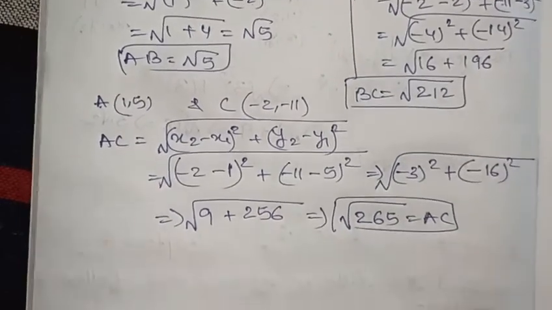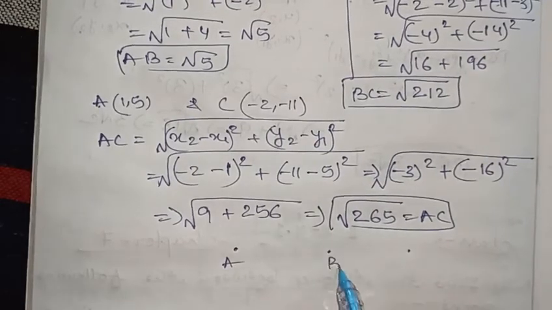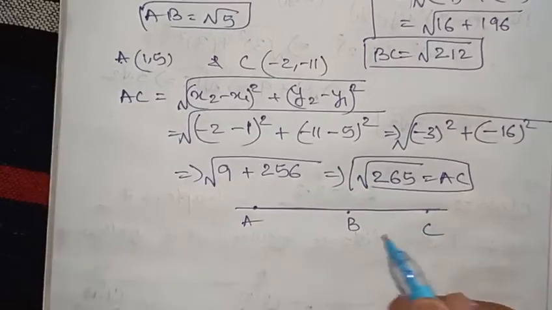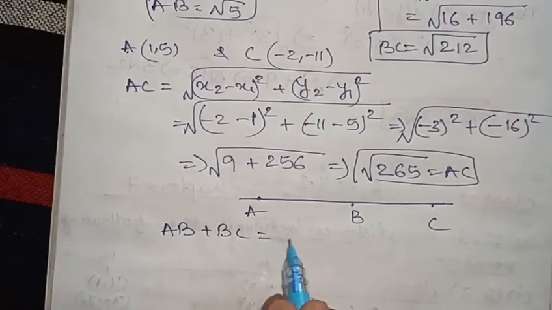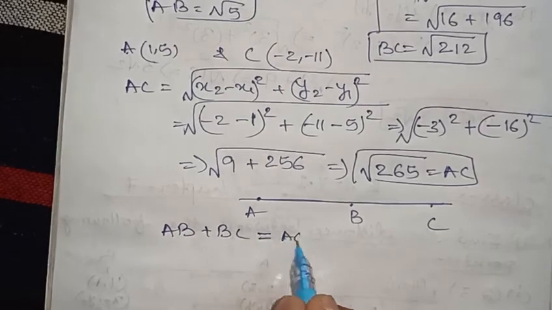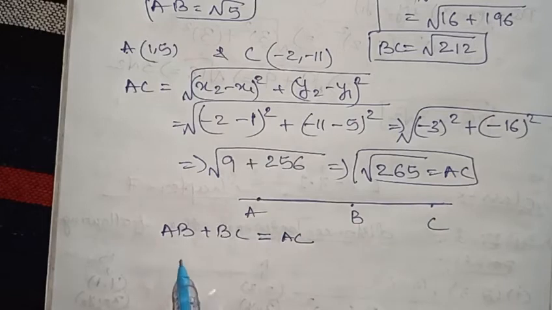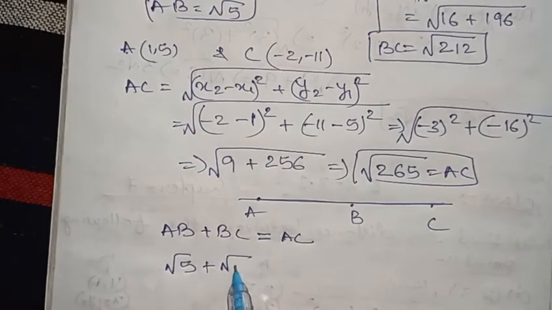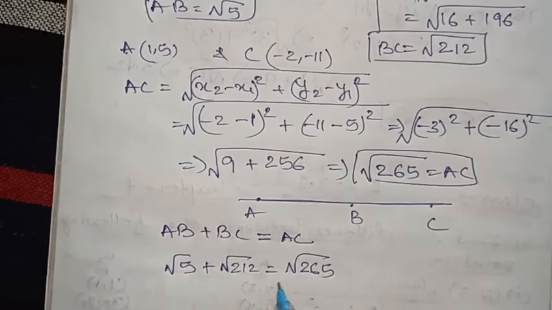So we are finding out whether the points A, B, C are collinear or not. That means they are in a straight line or not. So I said we should check that AB plus BC should always be equal to AC. AB how much we got? Root 5, and BC how much we got? Root 212, equals to root 265?